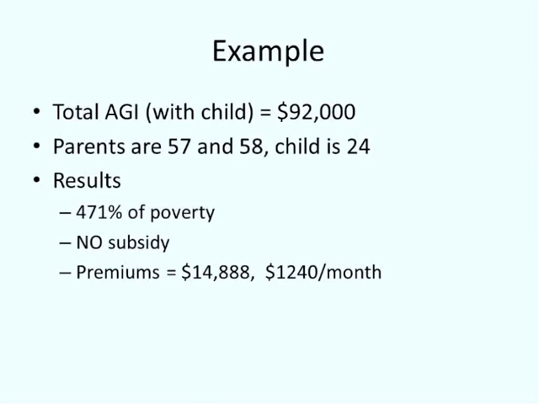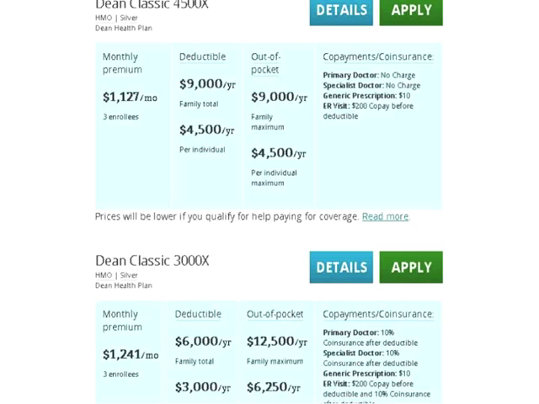Now, I did go to healthcare.gov again, and I entered this in, and these were the plans that I got from there as well. You can see the premium cost on there was $11.27 per month, so that's a little bit lower. If you were to scroll down through healthcare.gov, you'd see lots of different plans available.